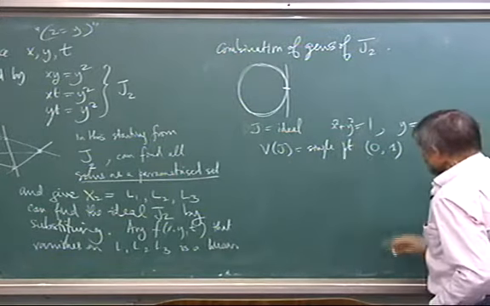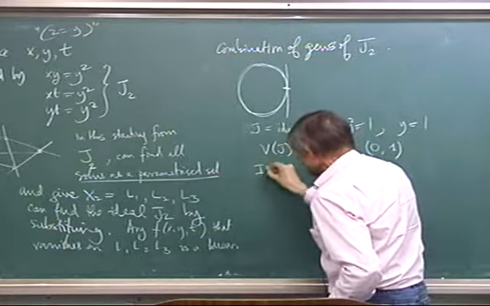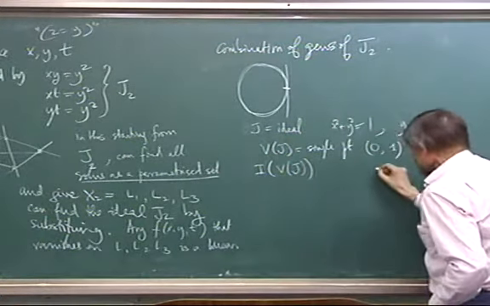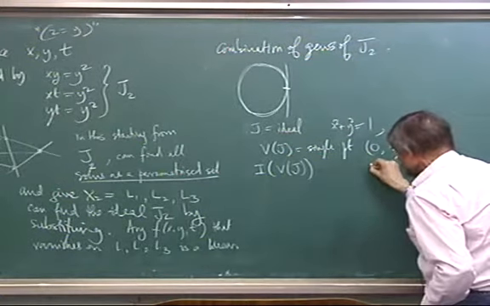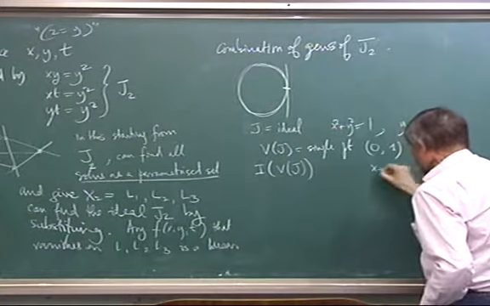If I take the ideal of V of J, then obviously I'm getting the ideal (x, y minus 1).